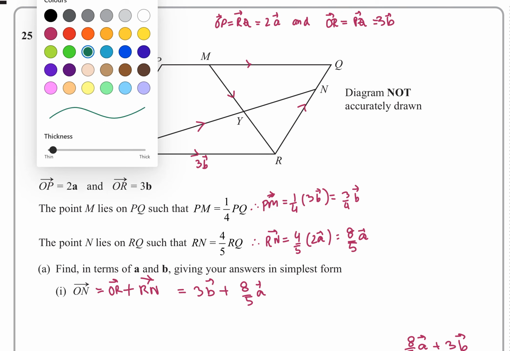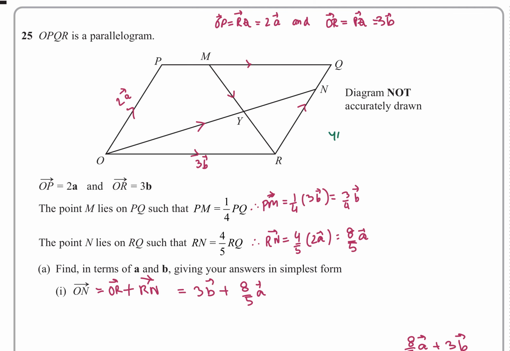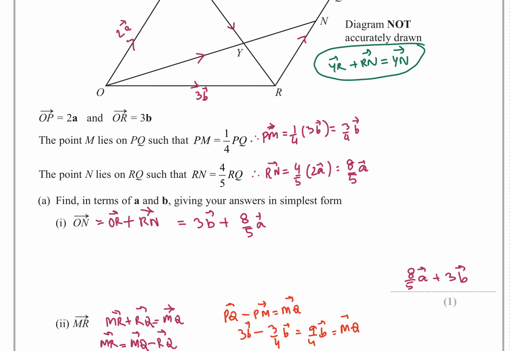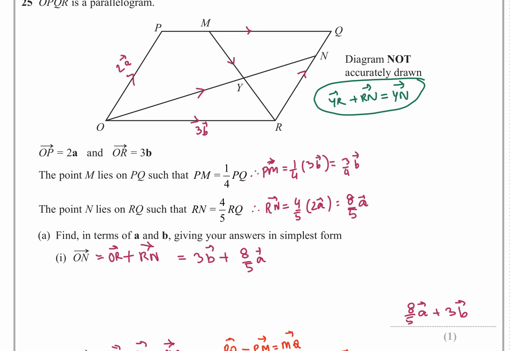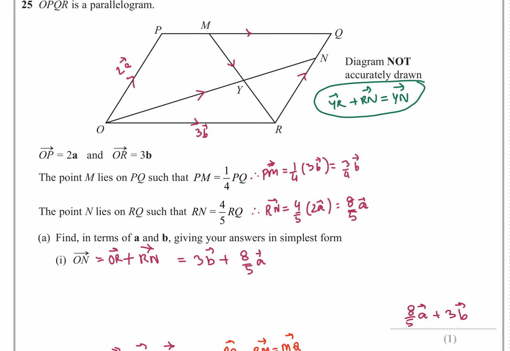So I can write YR plus RN is equal to YN. So now for YR, we need to introduce another variable.